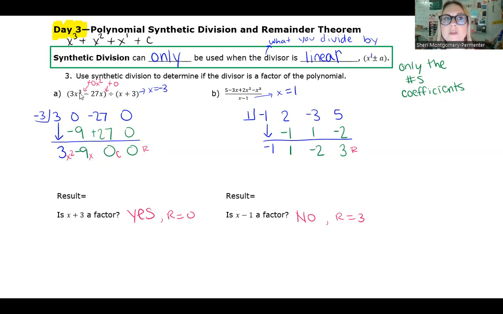You started out with a degree of 3, or an exponent of 3. When you end, you're going to be 1 less. So it's an x squared. So now I'm going to write my answer. My result looks like this: 3x squared minus 9x. Do you have to write plus 0? No. So that is my answer.